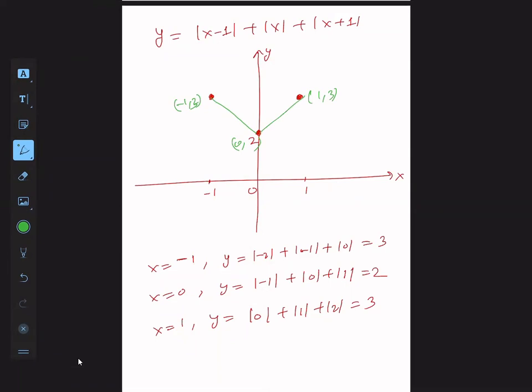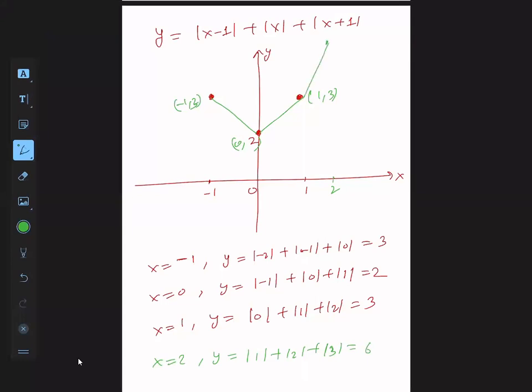If I have to draw for values of x more than 1, then I just have to calculate for x is equal to 2. For any value of x more than 1, you just have to draw the graph. Can you calculate the value when x is equal to 2? So it is equal to mod 1, mod 2, mod 3. So what I am getting? 6. So for x is equal to 2, it is 6.